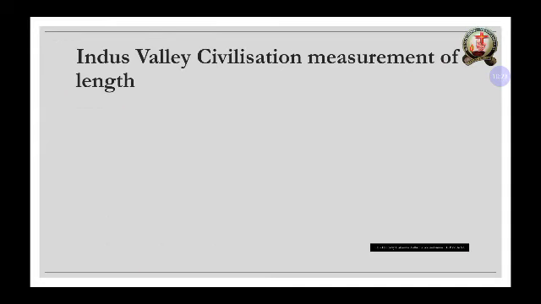Now, how did the Indus Valley civilization measure while doing any construction work? You might have heard about the Indus Valley civilization, right? This is one of the greatest achievements in the history of engineering. The people who lived during the Indus Valley civilization, especially the Mohenjo-daro period and the Harappan civilization, had architecture that was exactly perfect.